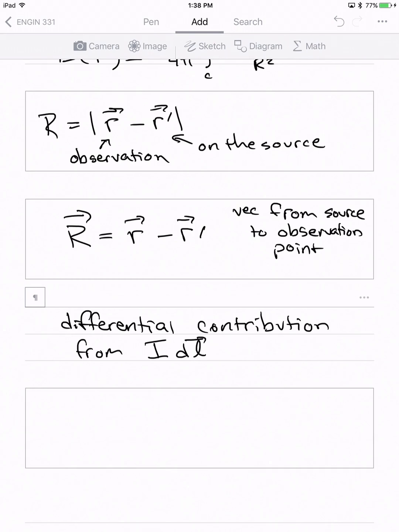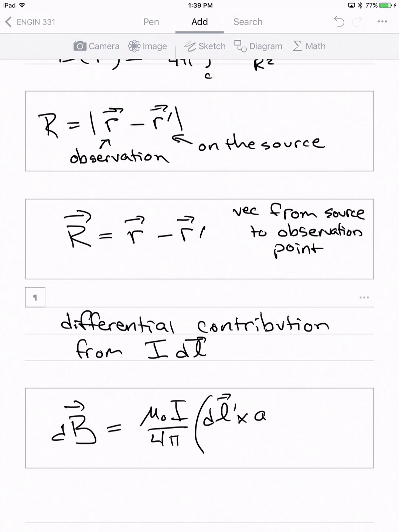And that would be equal to dB, a differential component of the magnetic field. And that would be equal to mu naught I over 4 pi dl prime, because remember primed coordinates are on the source distribution, cross a hat r over big R squared.